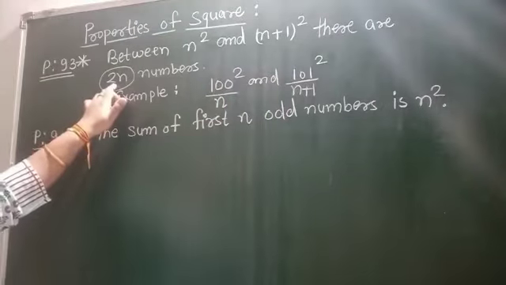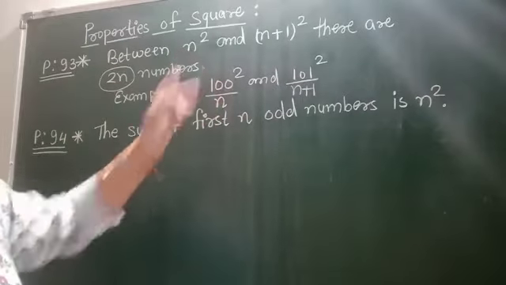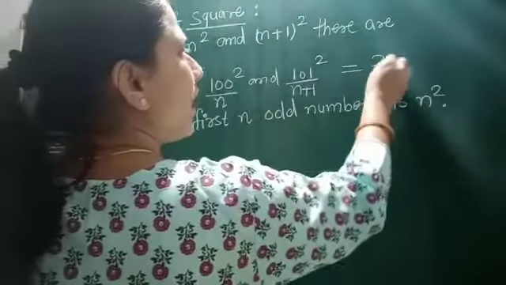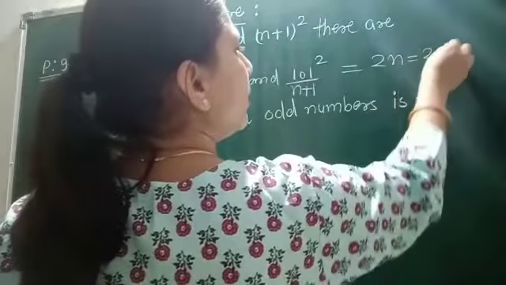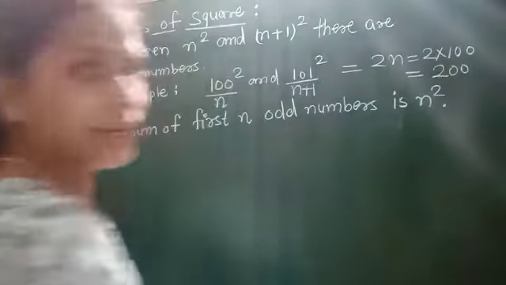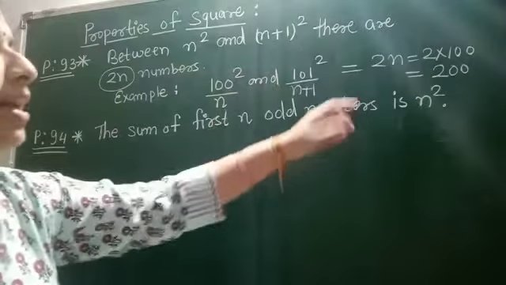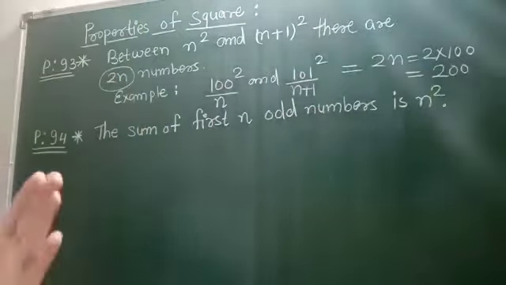By using the formula 2n, where the value of n is 100. So 2n means 2 into 100, and when we multiply we get 200. It means between 100 square and 101 square there are 200 numbers.